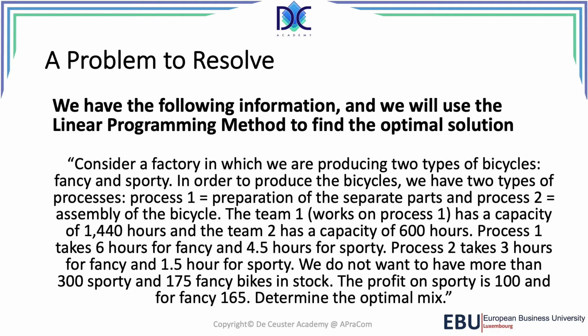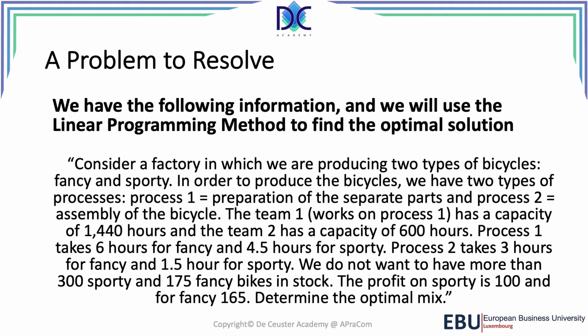Process 1 is in fact the process where we prepare the separate parts, and process 2 is the assembly of the bicycle. The team 1 works on process 1, has a capacity of 1,440 hours, and the team 2 has a capacity of 600 hours.